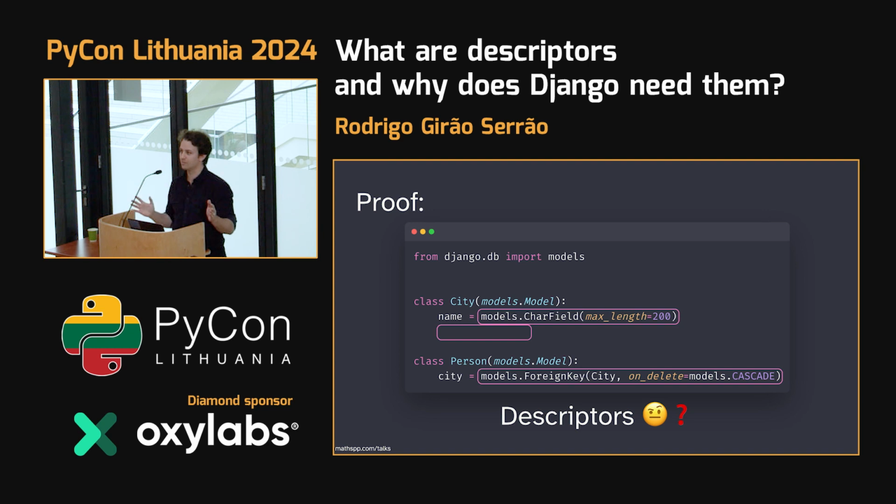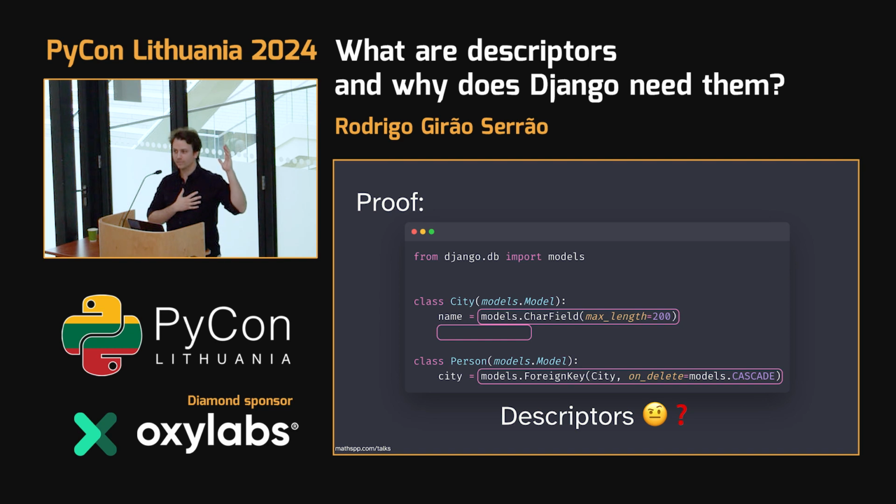Maybe I just want to check the name of the city. And if to check the name of the city, I need to get the thousands and thousands of people that are associated with that city, that's going to be an expensive operation. But if you're working with Django, that's not going to be an issue, right? You will be able to access the name of the city without having to load every single person. Right? This is not a blunder, right? I said something that sounds reasonable.